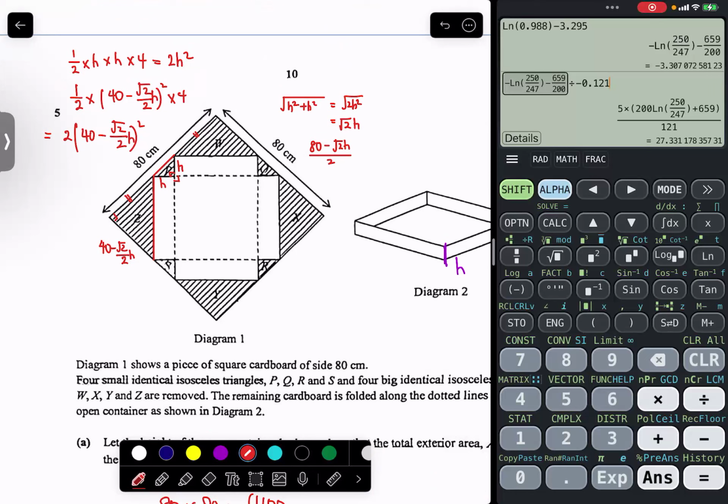Half times h times h, half h squared, 2h squared. So this part is correct. Then we have 80 minus 2 square root h, divided by 2.